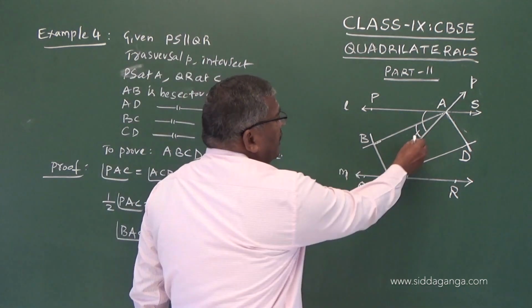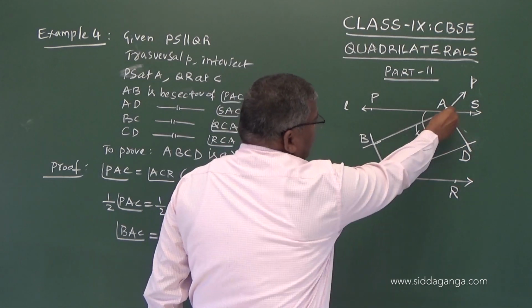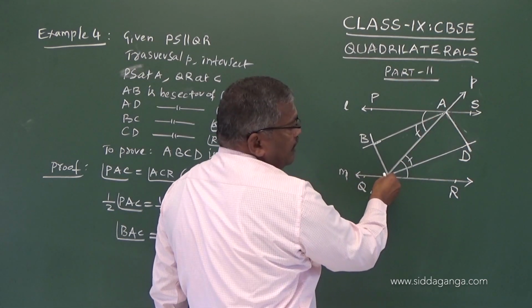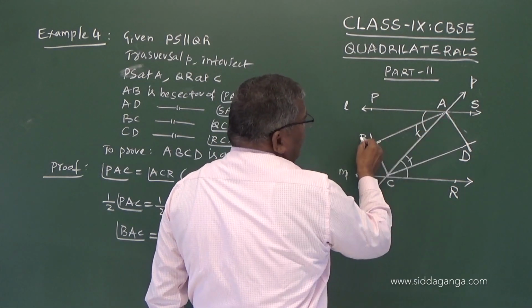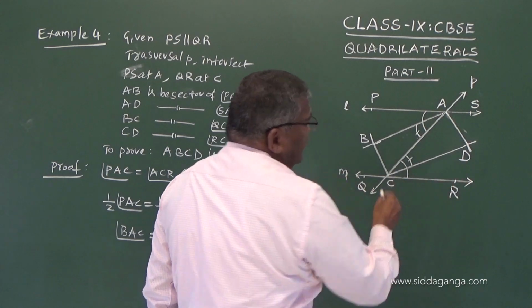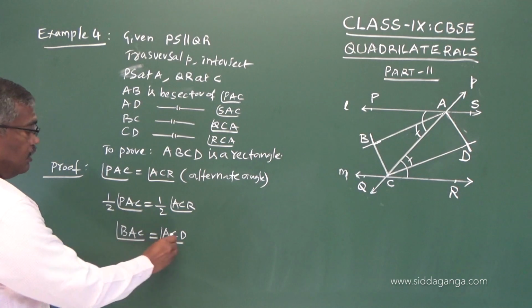So when these two angles are equal, and if you consider AC as the transversal, we can say AB is parallel to CD.